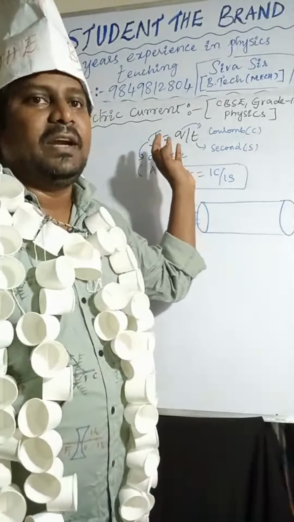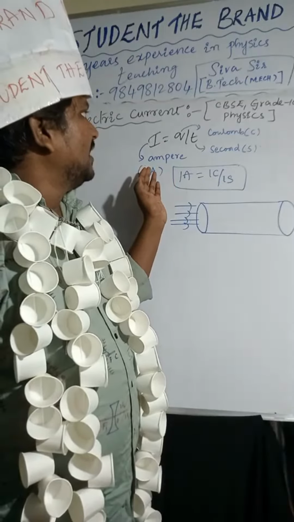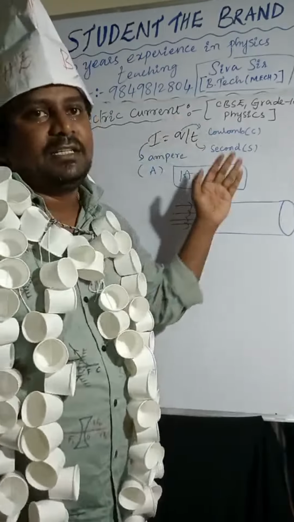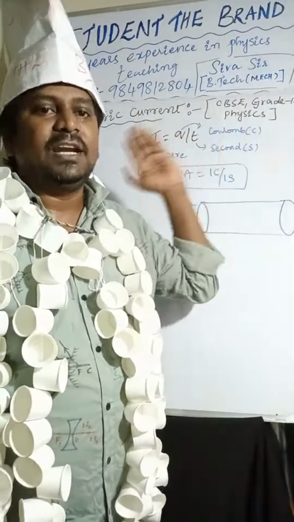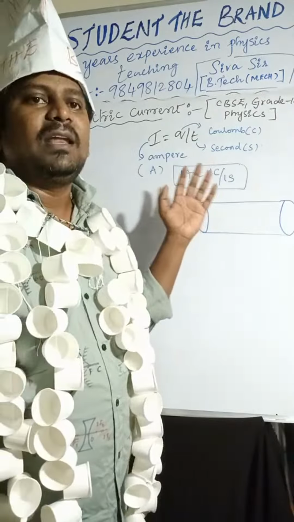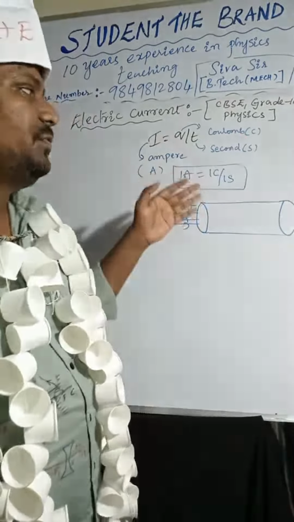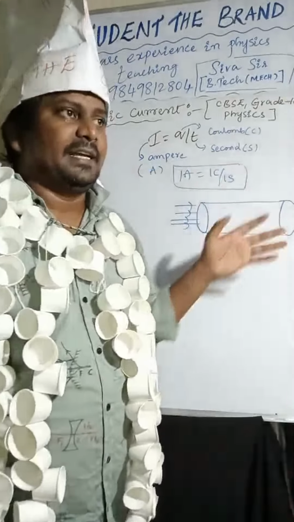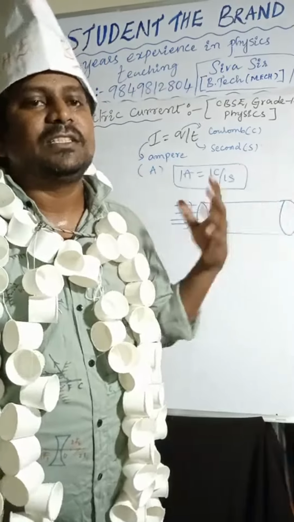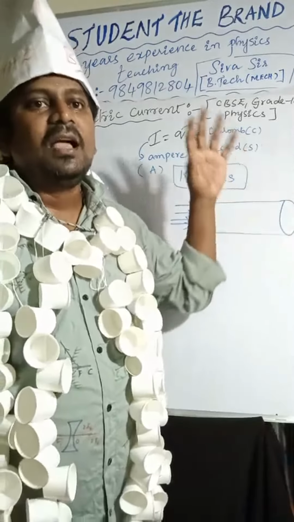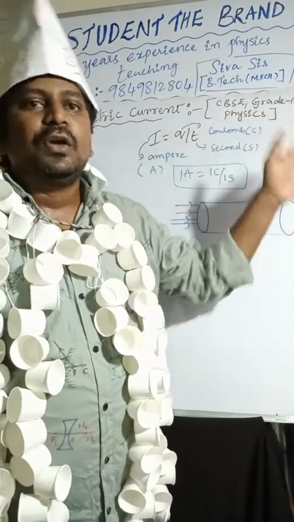Electric current is defined as the rate of flow of charge, charge flowing through unit cross section area per second. I equals Q by T.